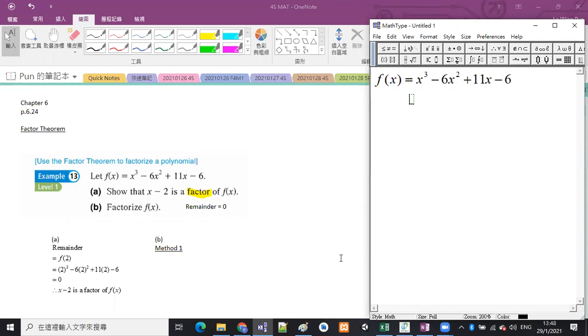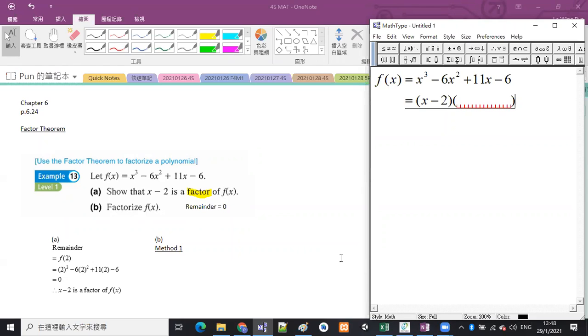But we have already found the first factor. We have already shown that x minus 2 is a factor of f(x), which means that f(x) can be factorized with x minus 2 out. It should be equal to x minus 2 times another bracket. Can you get this?